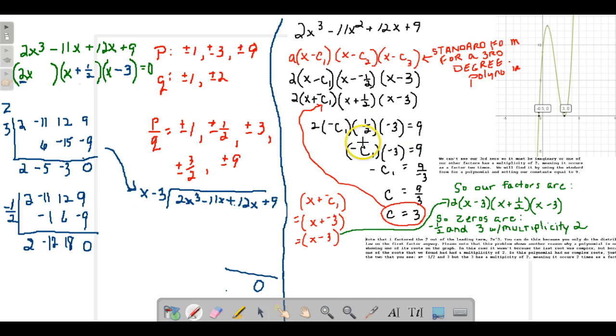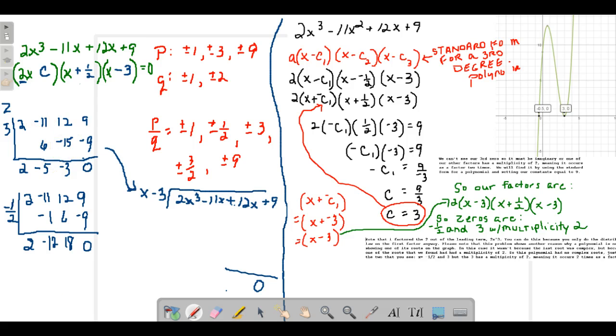And I did the same thing over here, only I'll have to show you that in a minute. But over here, if I were to solve for this other constant here, we'll just call it C, because I don't want to call it C sub 1 like I did here, because C sub 1 is a different number here because I already factored the 2 out. In the standard form, you always factor out your leading coefficient, whether it's this or anything else.